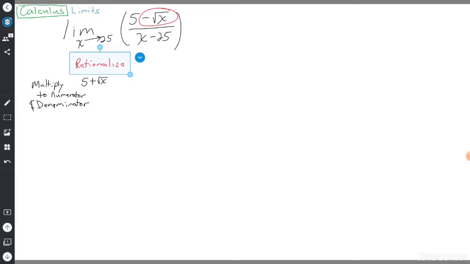It's just the square root that we're really changing, and we multiply that to both the numerator and the denominator of the equation. Multiply it to the top part, and multiply it to the bottom part.